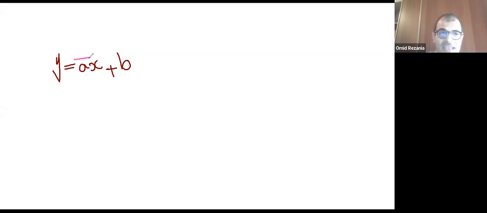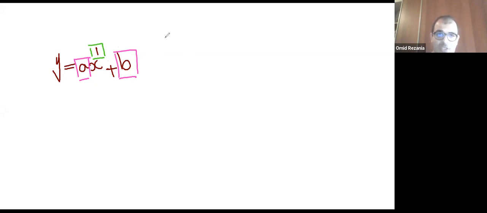We know that a is called the slope, b is called the intercept, and the power is 1 for the x, and that is the reason we call that polynomial of degree 1, because the highest exponent of a variable in the entire model is just 1.